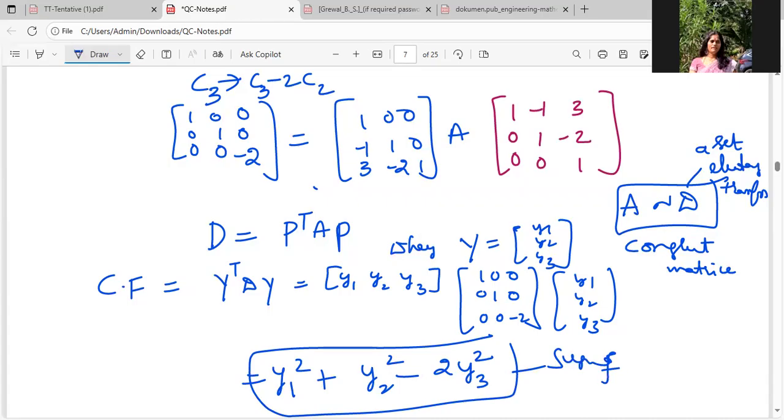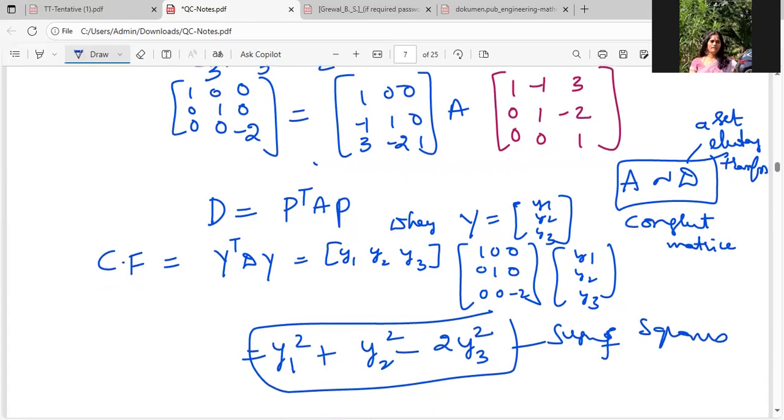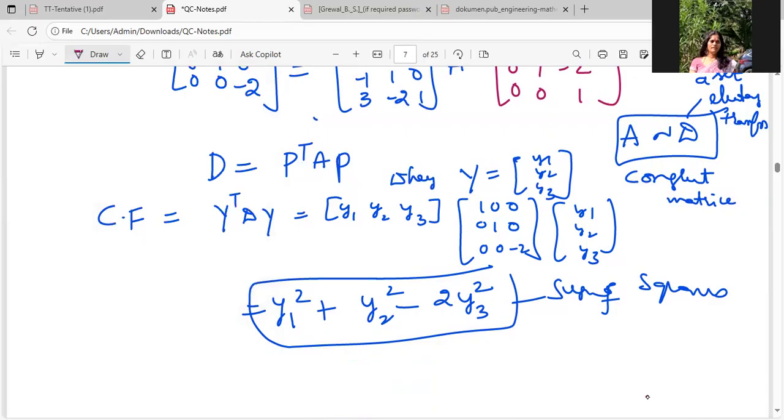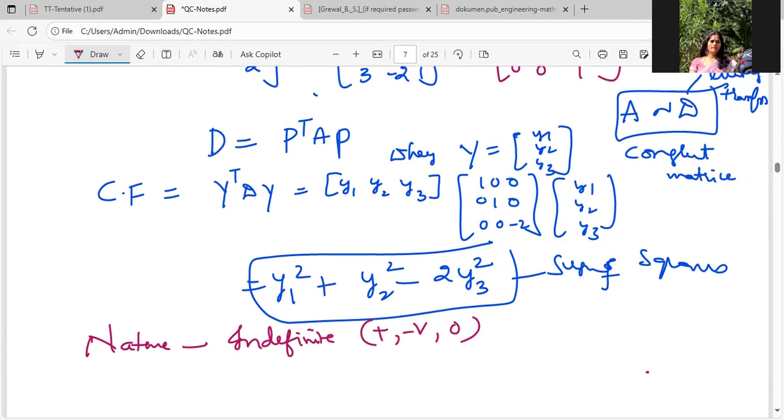Only squares are there, the combination terms are missing. I made the congruent transformation in such a way that now you can see how many positives, how many negatives, the combination that decides the nature. Nature is indefinite, because I have all combinations. Indefinite is where I have positives and negatives, right?